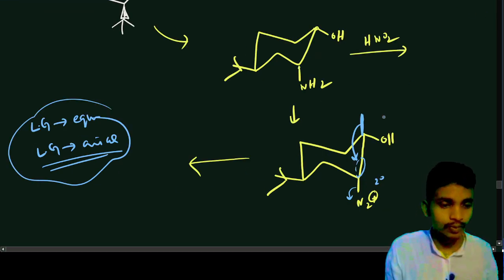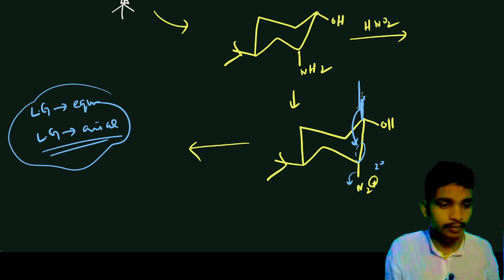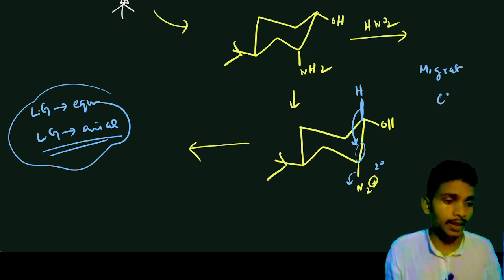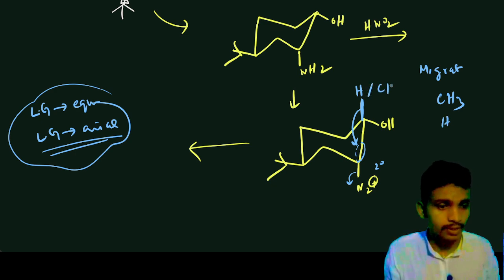So here hydrogen is there, because if nothing is drawn, then hydrogen is there, because one carbon makes 4 bonds. So one is this, and the other is hydrogen, so this is going to shift here. See that the migratory group will be either CH3 or H. It means either H is there or CH3 is there.